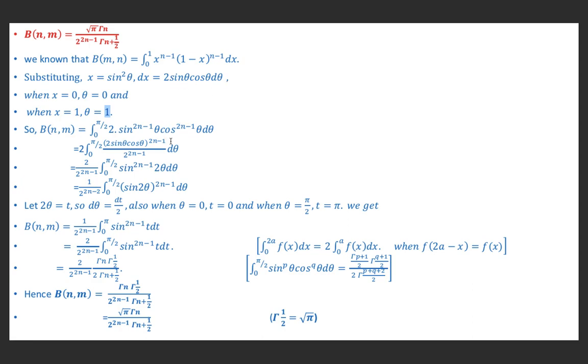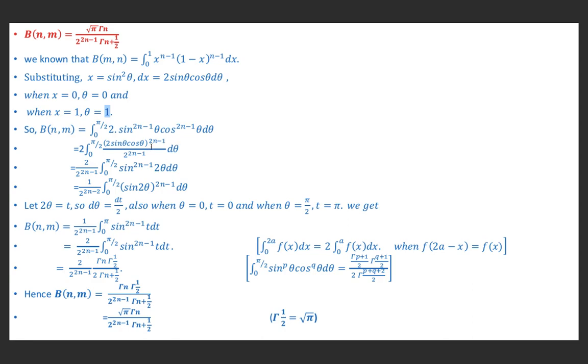So on simplification we will have 2 sine 2n minus 1 theta cos 2n minus 1 theta d theta. This type of calculation we have done in previous slides also, so I have written this term directly.